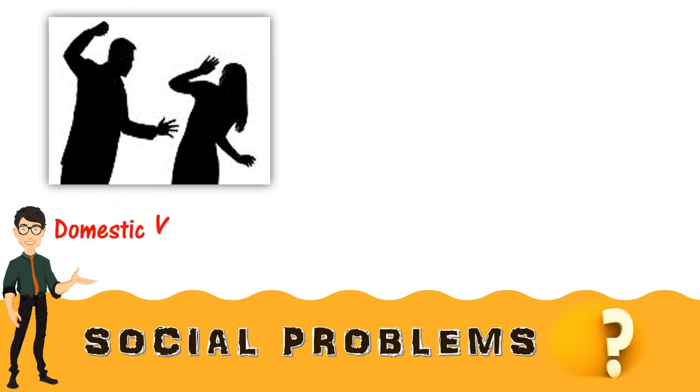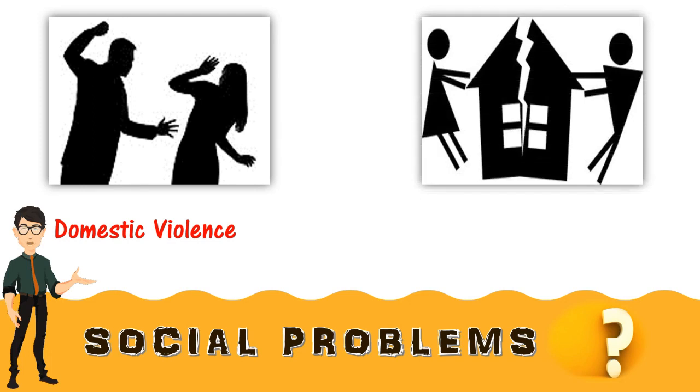Domestic violence refers to using violence at home, usually between a husband and a wife or parents and children. Another problem is the separation of a husband and a wife, which is referred to in English as divorce.